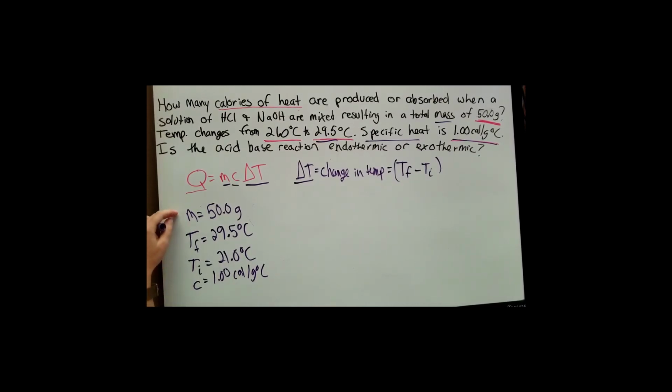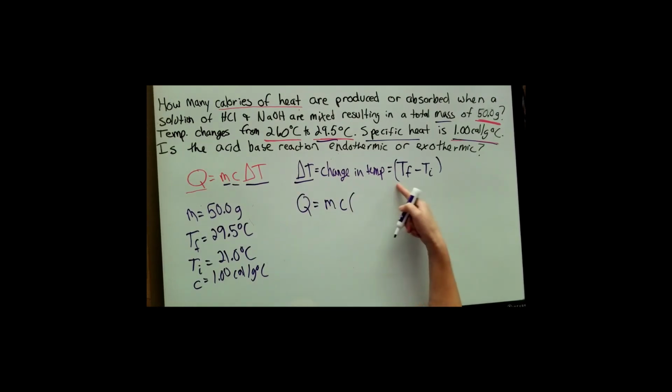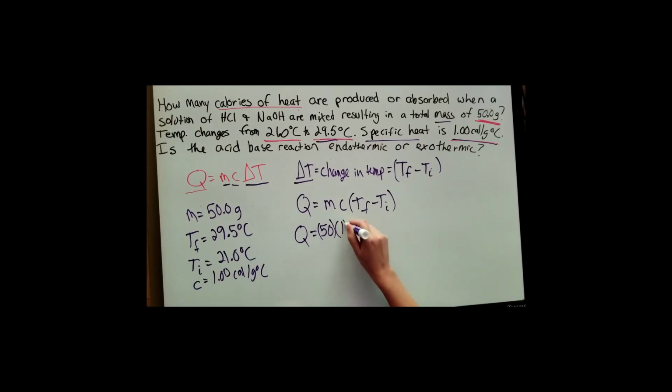All right, so let's plug this in and solve for Q, which is calories of heat. So I'm going to rewrite this equation. Instead of having the ΔT, I'm going to insert the Tf minus Ti. That way I can just plug in my values directly. So plugging in, I have my mass of 50. My c value, the specific heat, was just 1.